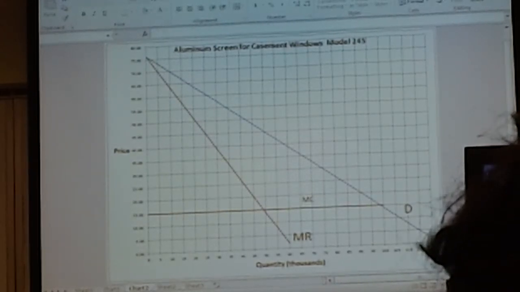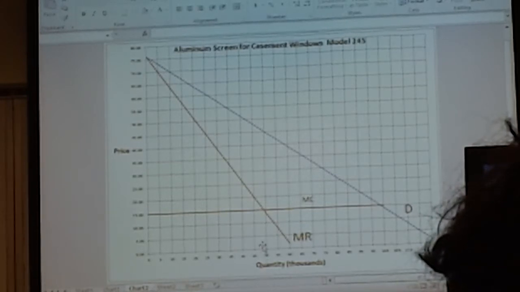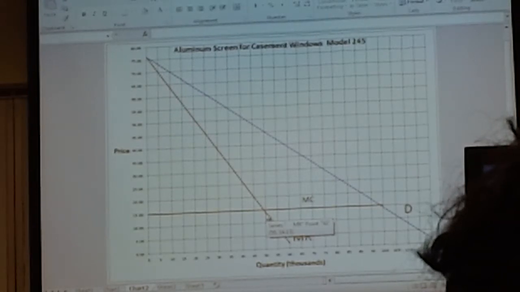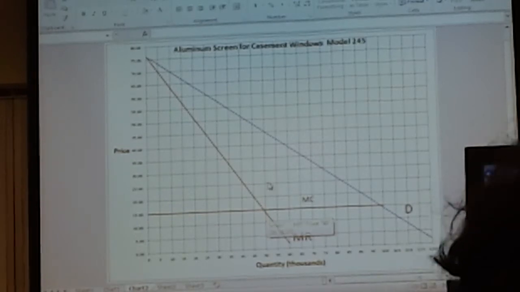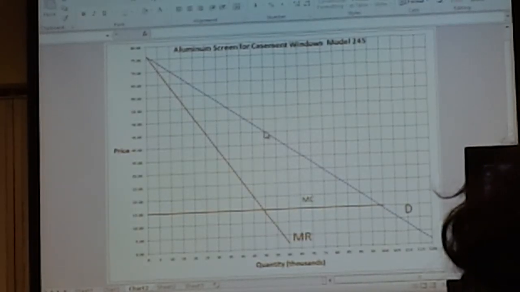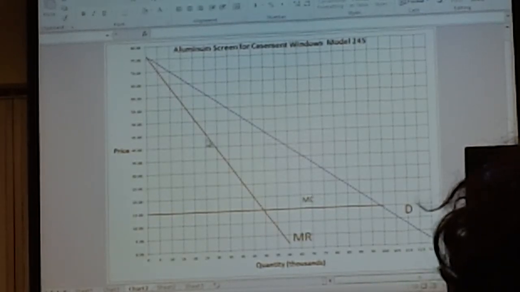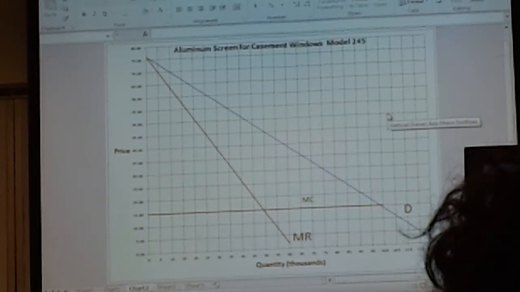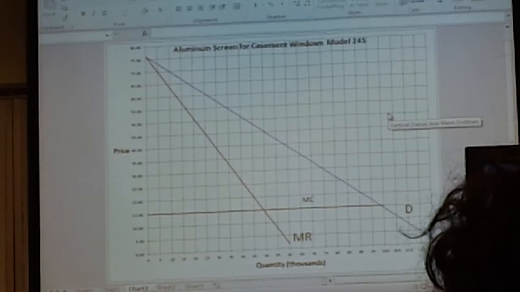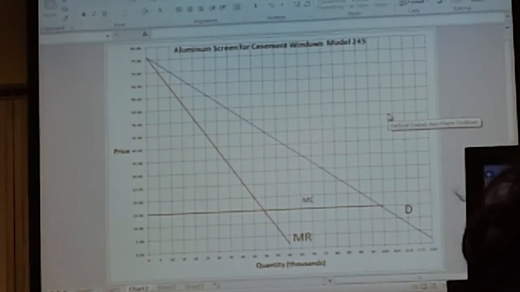That tells us that they should make roughly 50 of these, and that'll maximize profit. Now, over here, it tells us the price they have to come out with, about $45. The only thing that remains to be known is what the average total cost is.